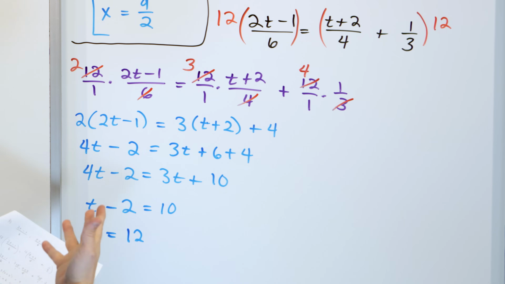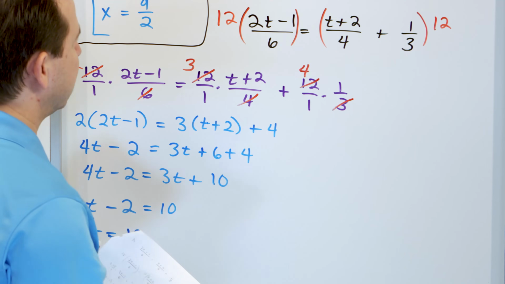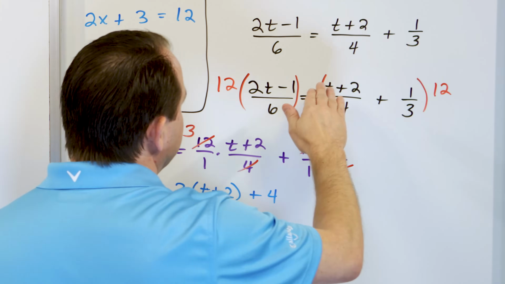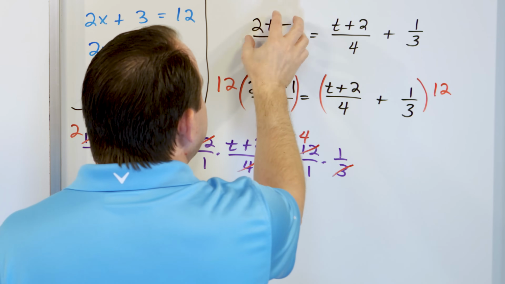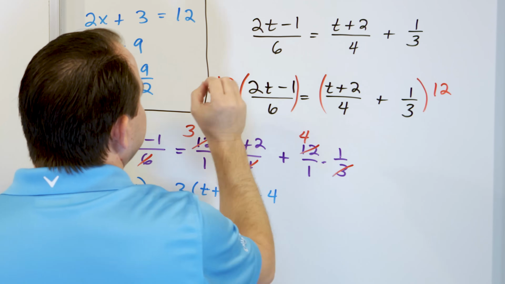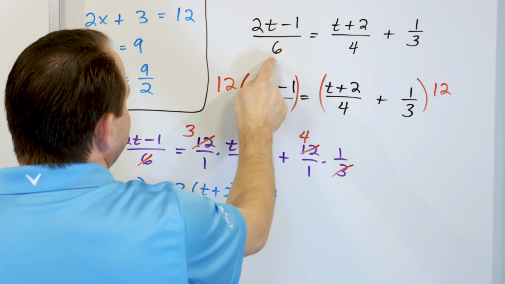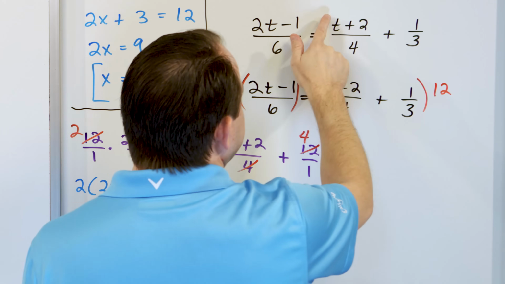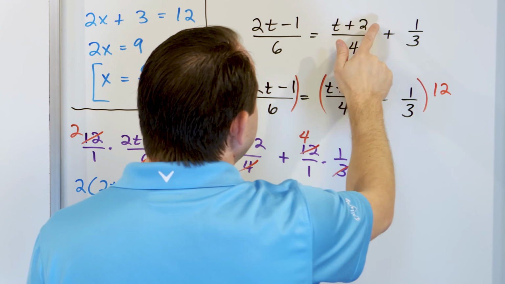Now, I know that you're looking at this and you're saying, well, this still seems like a lot of work. But you're going to have to believe me, the only other way to solve this thing easily is you'd have to break apart this fraction, the 2t minus 1 over 6. You have to break it up into 2t over 6 minus 1 over 6. And then you'd have to break this one into t over 4 plus 2 over 4.